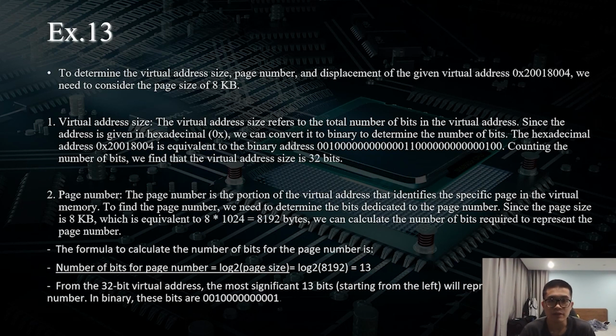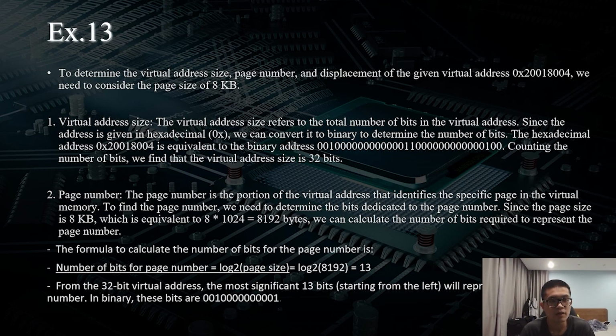The virtual address size refers to the total number of bits in the virtual address. Since the address is given in hexadecimal, we can convert it into binary to determine the number of bits. The hexadecimal address is equivalent to the binary address. Counting the number of bits, we find the virtual address is 32 bits.